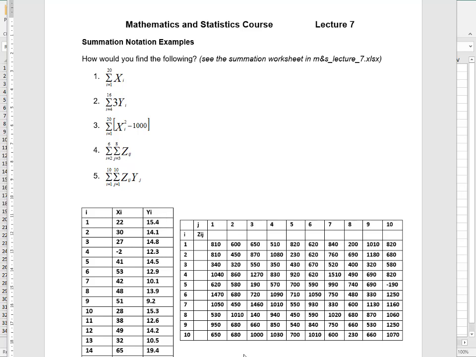If I refer to Z49, that's 690. And these are asking you to find the sum of certain values of x, y, and z, and combinations of those values. So what we'll do is we'll just work out these 5 sums.